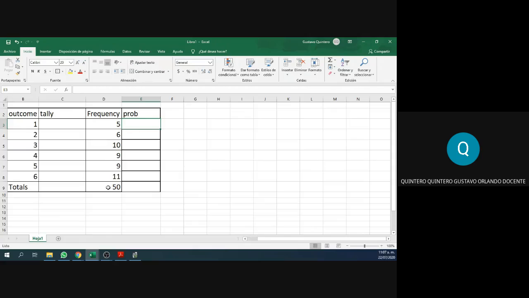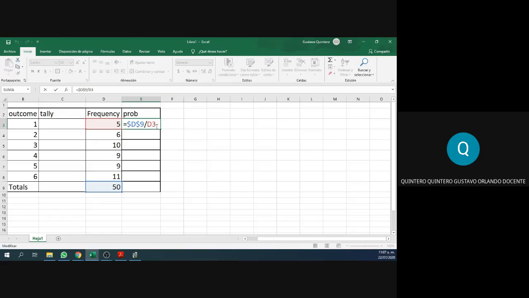And how? Again, probability is the success over the total, right? So every one of these frequencies is our success, and the totals are our tries. So we have 50 tries. That is exactly what we're going to do in our calculator, or if you're using Excel, you can do it in Excel. Do the frequency divided by the total.